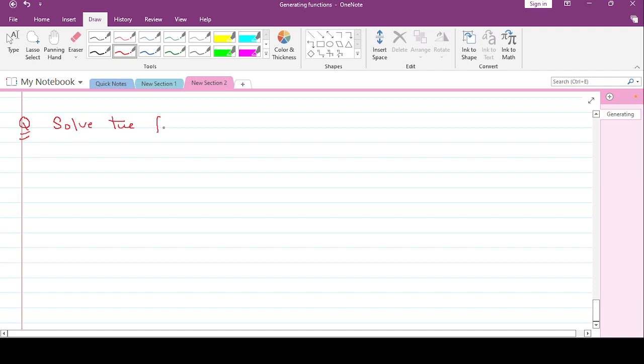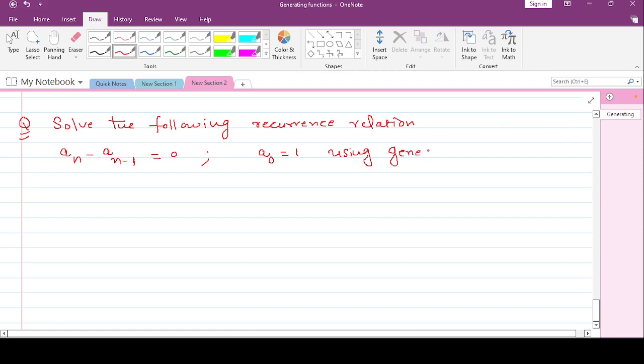Solve the following recurrence relation an minus 1 equal to 0 with a0 equal to 1 using generating function. Okay, so, solution.